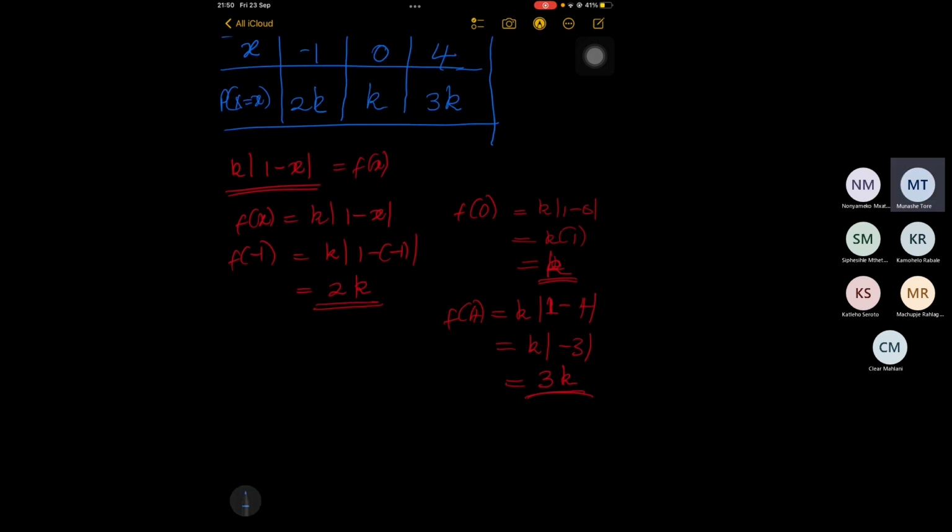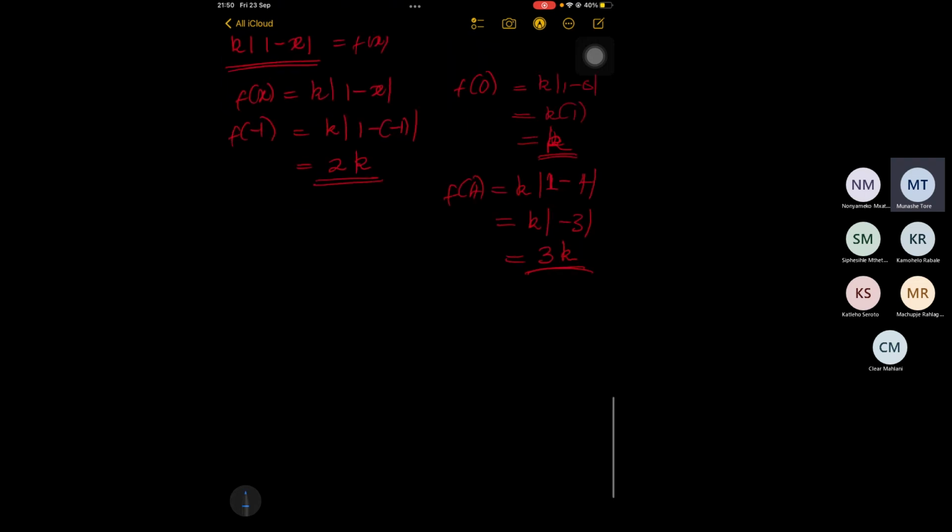And the question is asking, what is the expected value? How do you calculate the expected value? We already said that E of x is going to be x into probability.